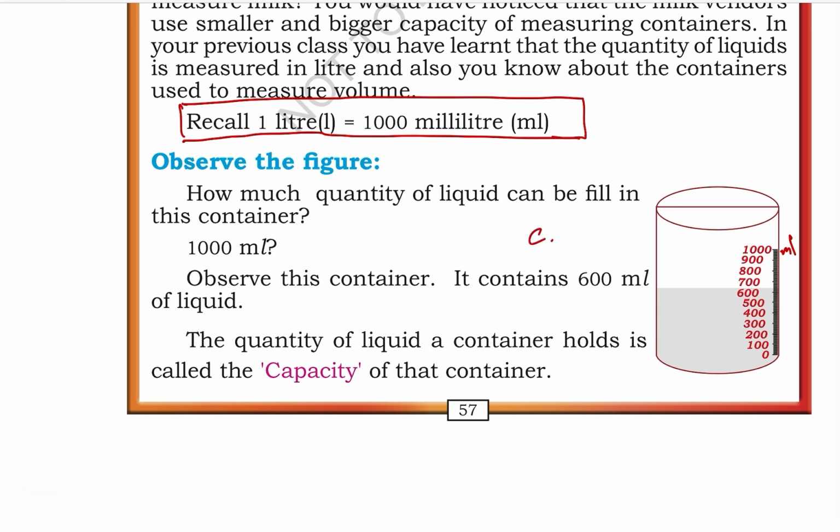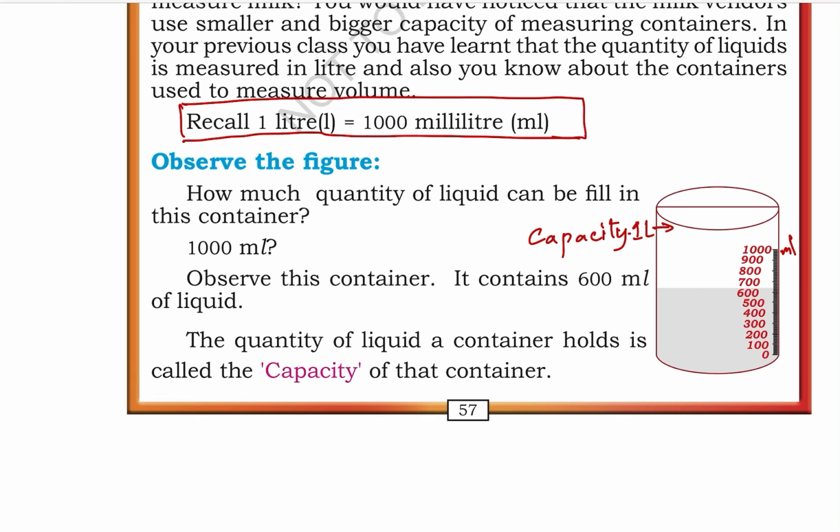What? Capacity. 1 liter. The capacity of this container is what? 1 liter. And you can see in the figure the liquid has been filled, and you can read the scale up to what mark the liquid has filled.